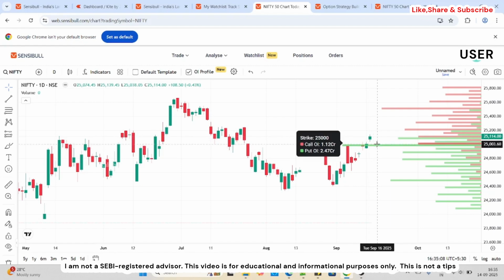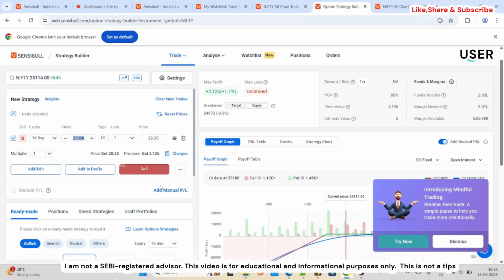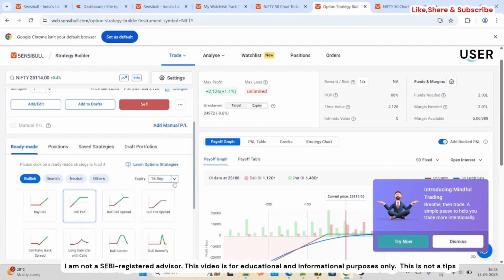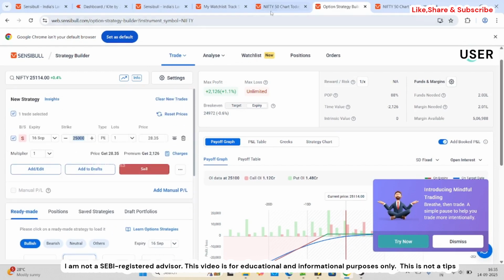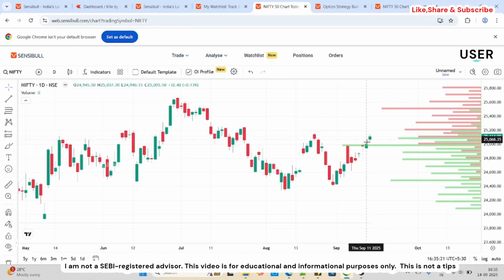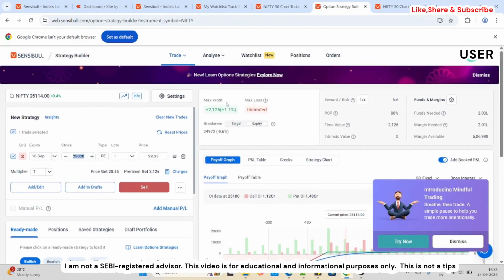Okay, immediately you won't be in a loss, but you can check the expiry date. The next expiry for the Nifty is the 16th of September, right? So if Nifty stays above this 25,000 strike price, then you'll be getting a profit of 2,000 per lot.